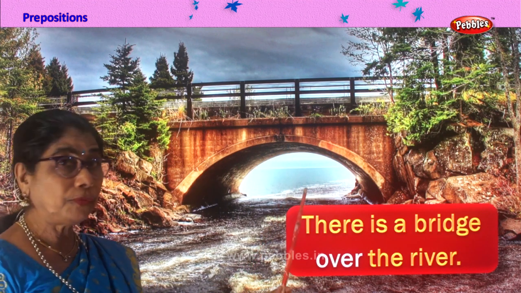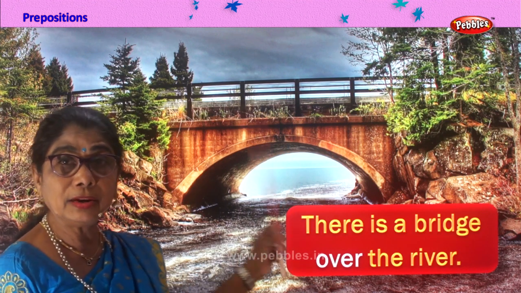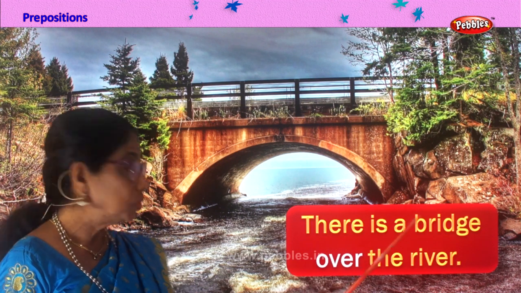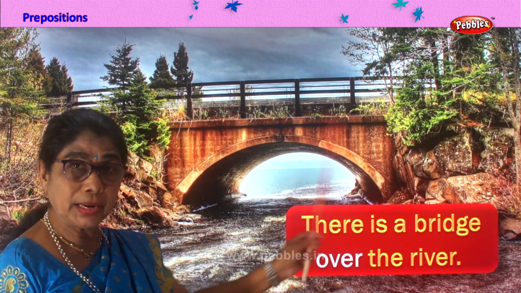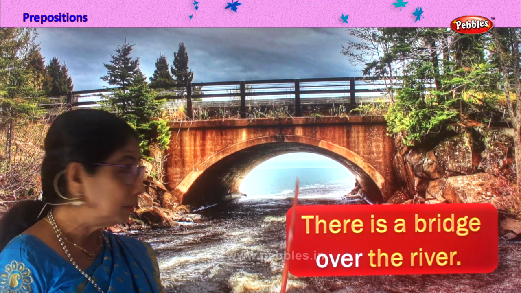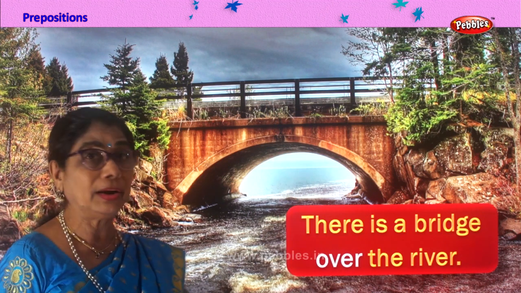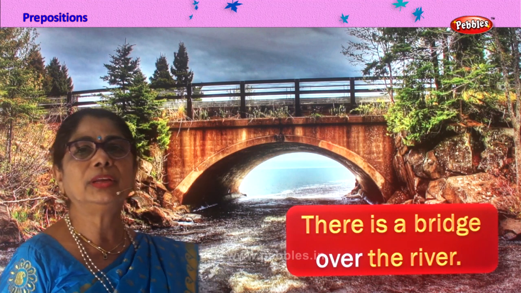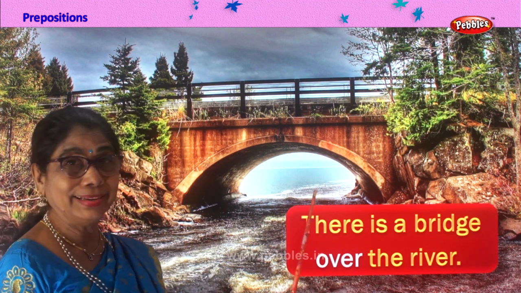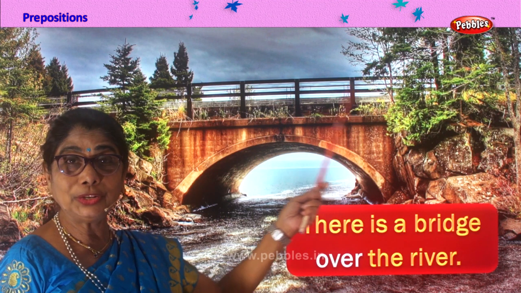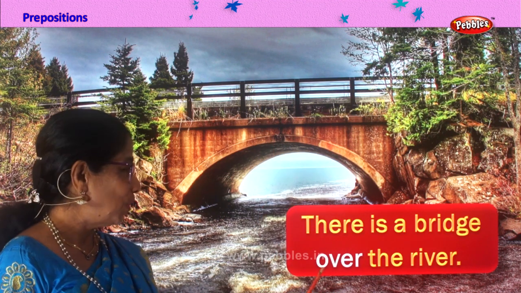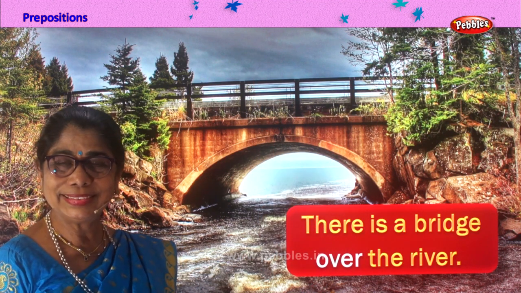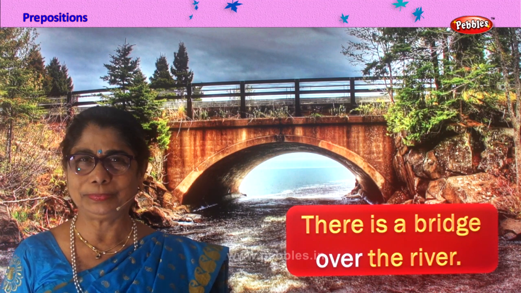The river is flowing. They build a bridge across. So, there is a bridge over the river. So, the river flows under and there is a bridge over. Yes, over. Let's go on to another picture.